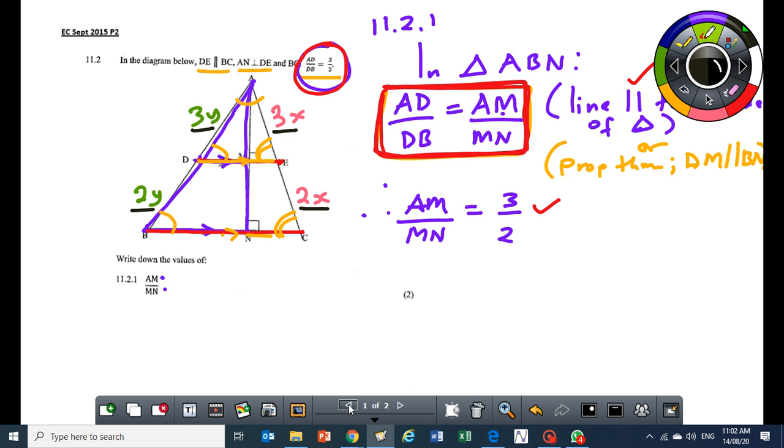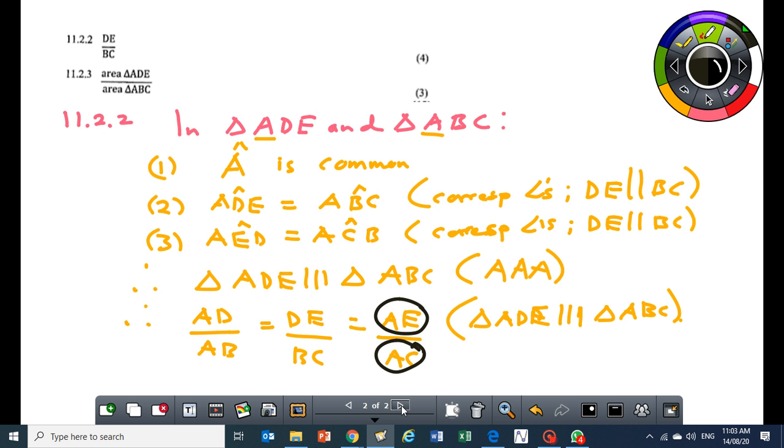So AE is equal to 3x, and AC is going to be 2x plus 3x. So let me move on to the next page. I'm going to choose this combination to do my answer.